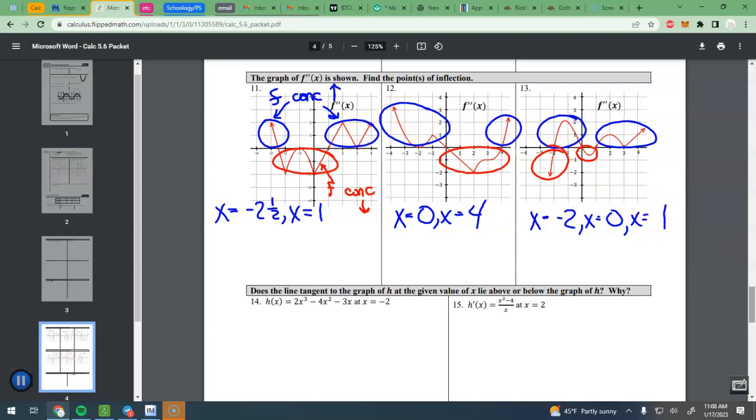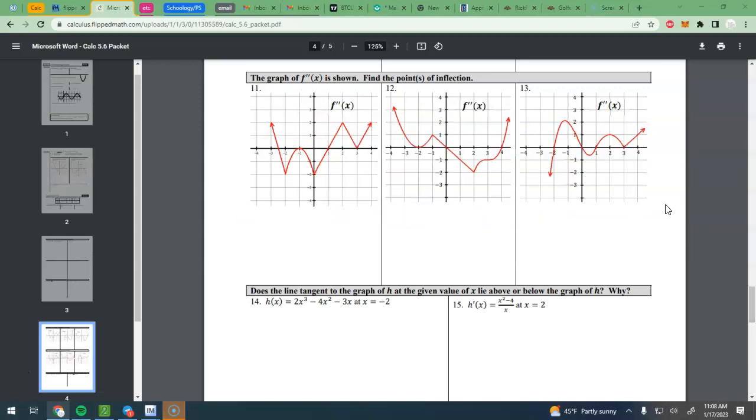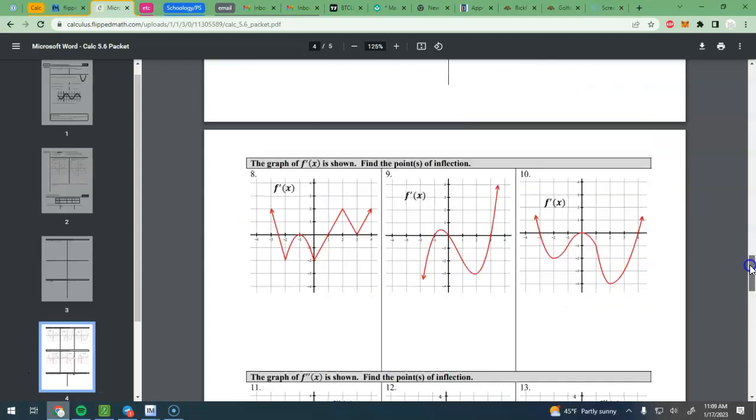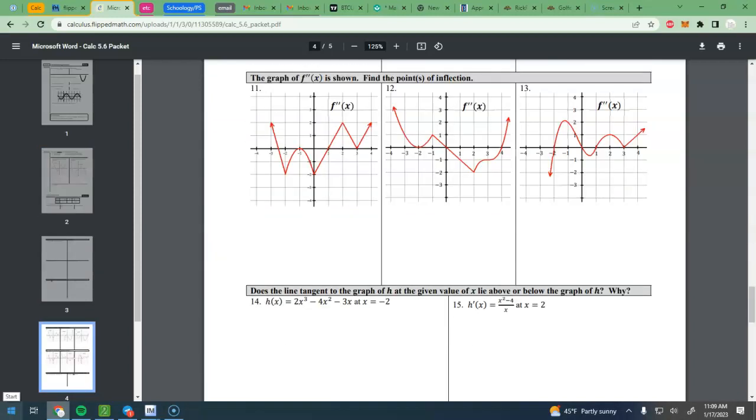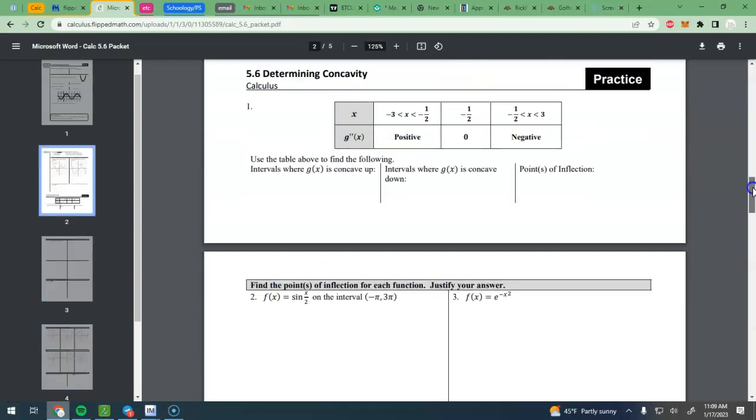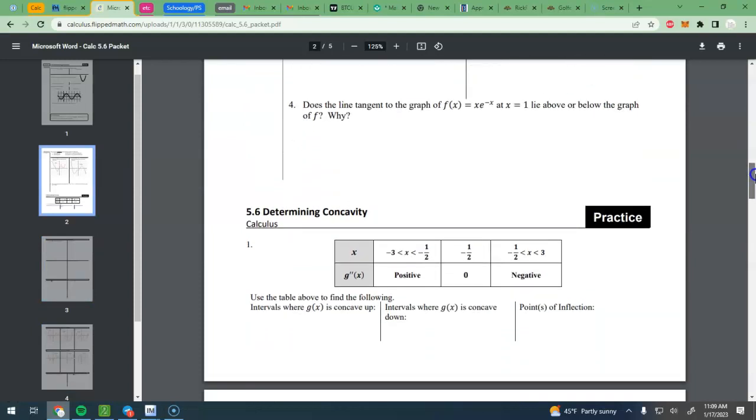Okay, are 11, 12, and 13 okay? We're good there? Alright, let's go back to number 4 in the video notes. I know some of you are doing the work, but I want to talk about whether we are above or below the graph.